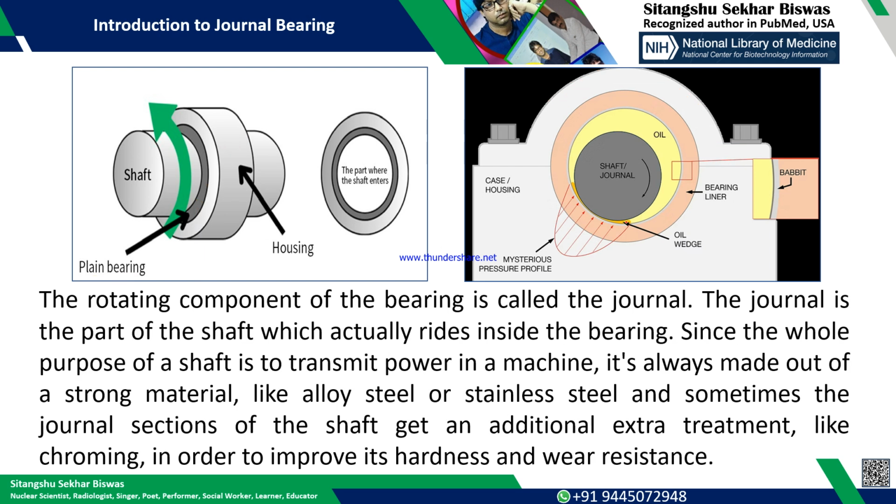The rotating component of the bearing is called the journal, basically the shaft. As I told, the journal is the part of the shaft which actually rides inside the bearing. Normally the shaft will transmit the power from the prime mover to the driven equipment like pump, blower, fans, and whatever may be.